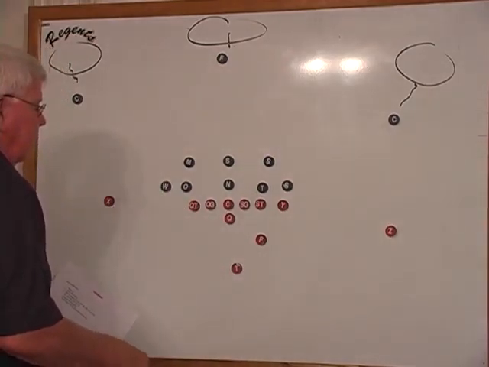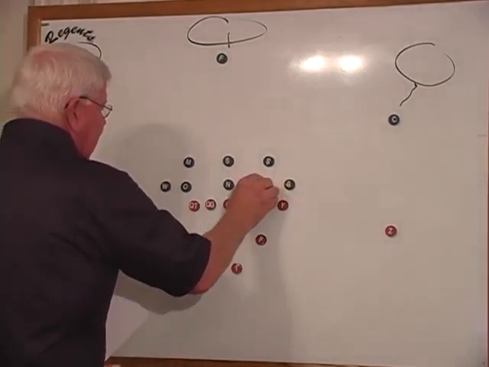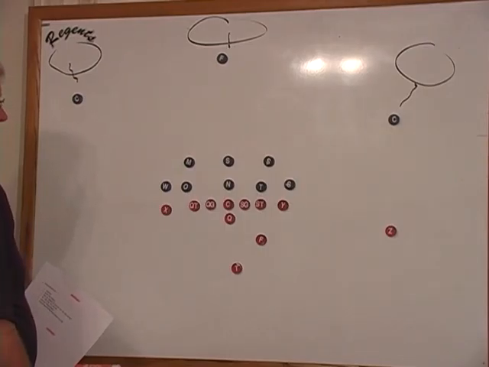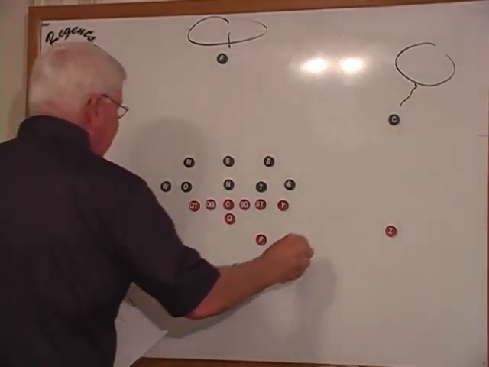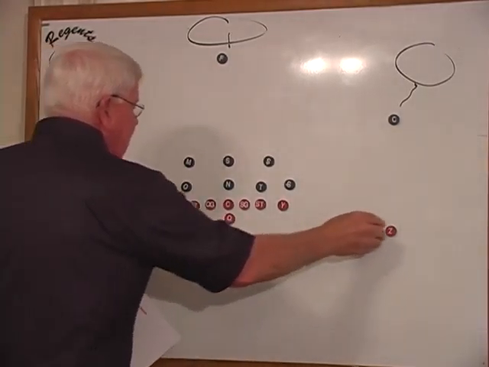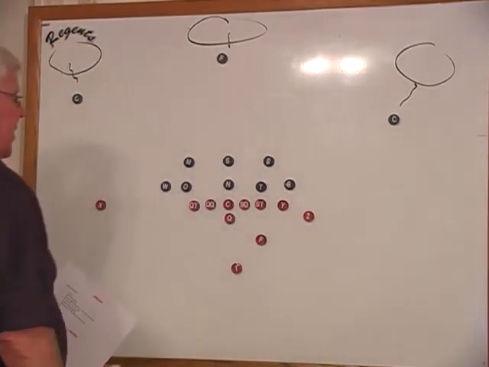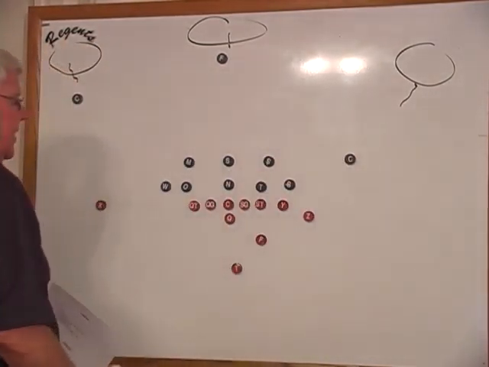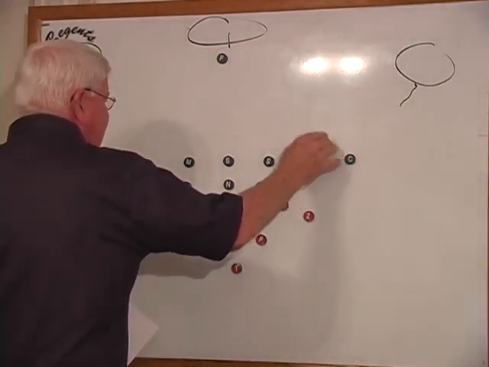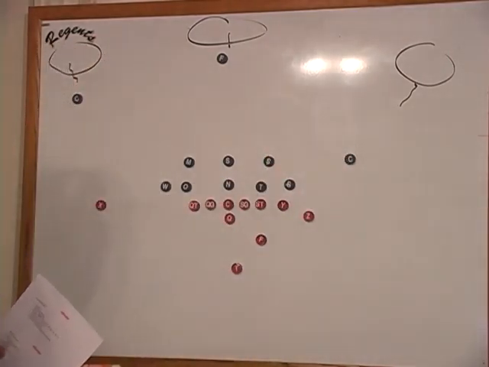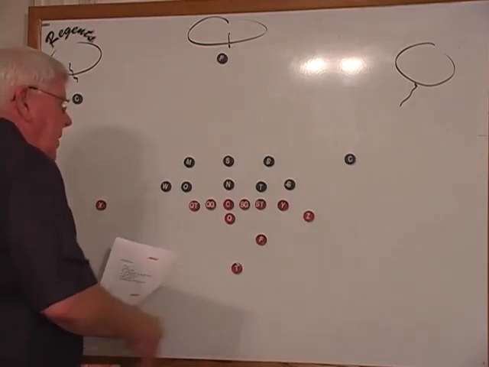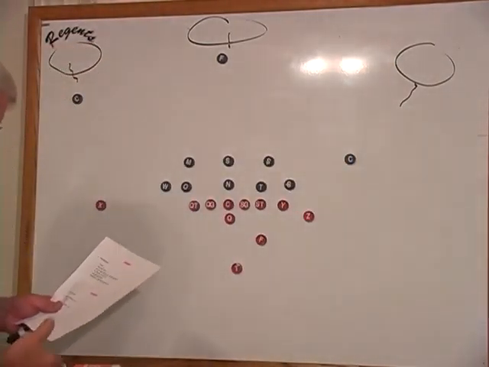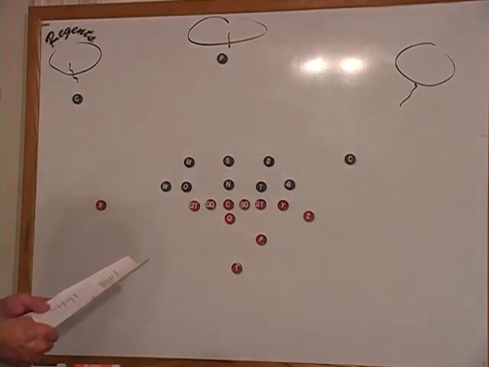And in this particular case right here, this is where we may want to bring an extra guy in here so we can block this edge, or we may want to bring an extra guy in here. And they're going to do something like this, but this guy is not really a box type of defender, and if he is sticking his nose in here, then we can get out in there.